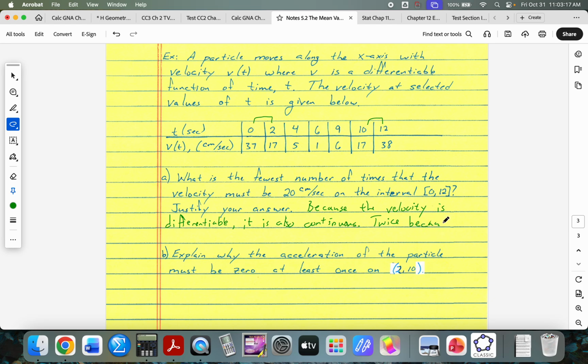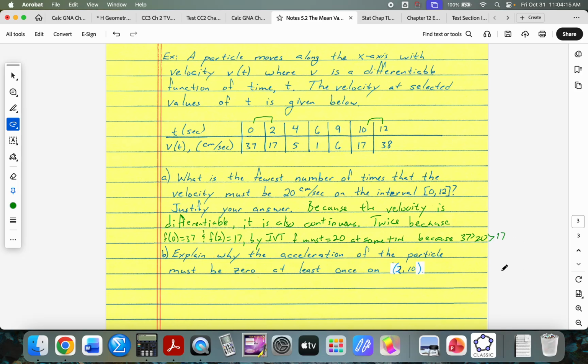Because f of 0 is 37, and f of 2 is 17. So by the intermediate value theorem, f must equal 20 at some time, because 37 is greater than 20, which is greater than 17.